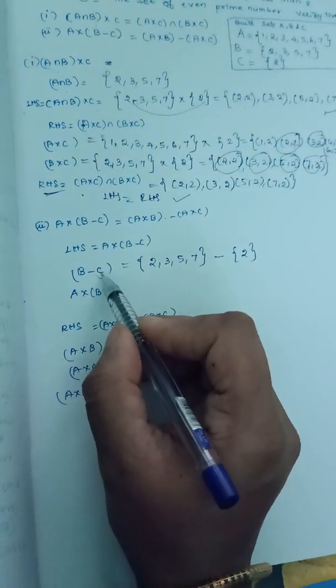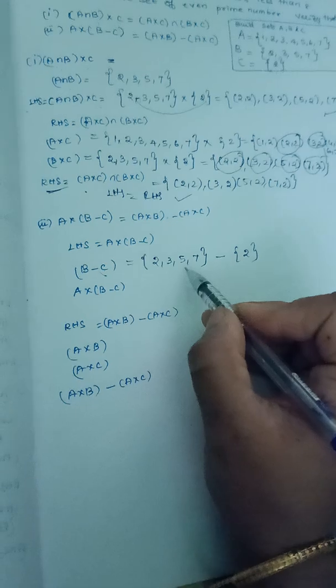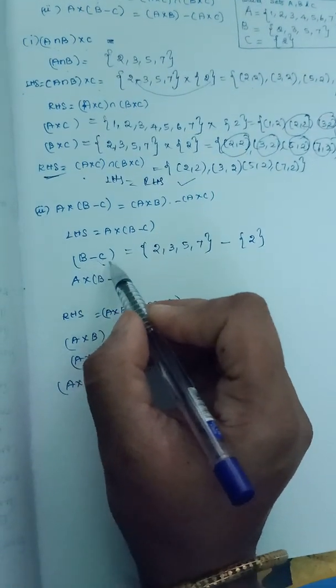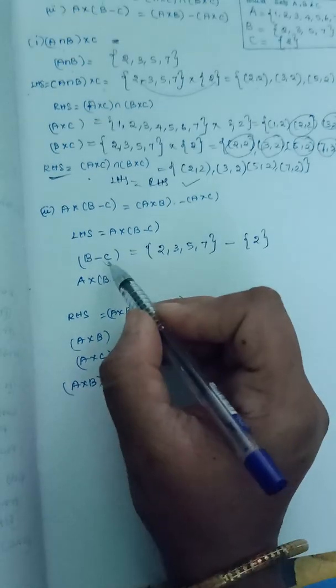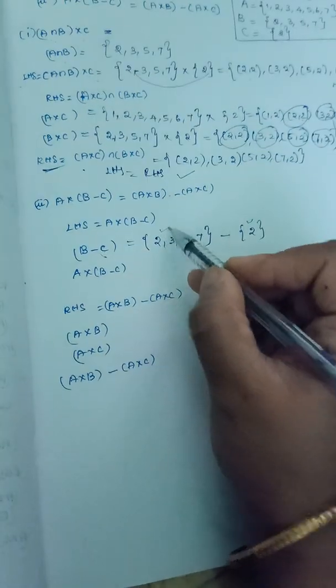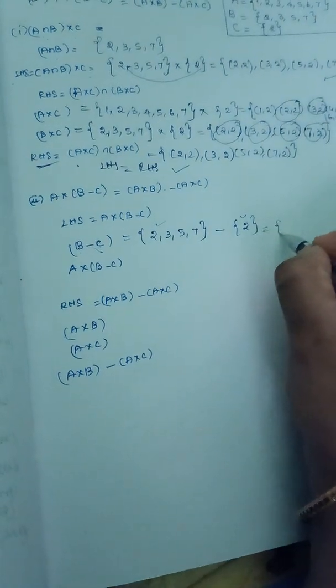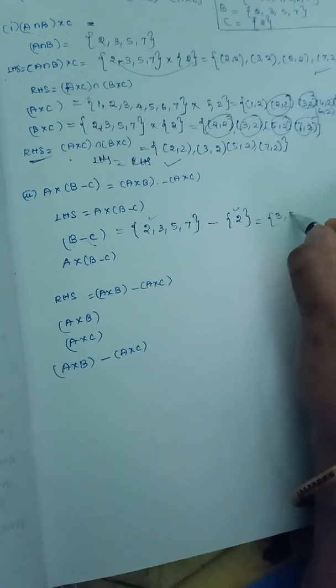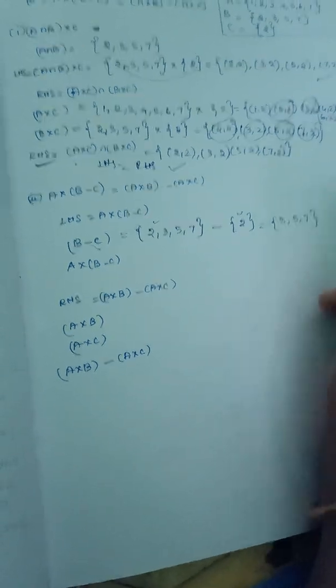We have to take out the elements of C from B if present. It is just like subtraction. B difference C: we are subtracting the C elements from B. This 2 is present here, right? So what will remain? The remaining elements are 3, 5, 7. We don't want C from B. So 3, 5, 7. That's all.